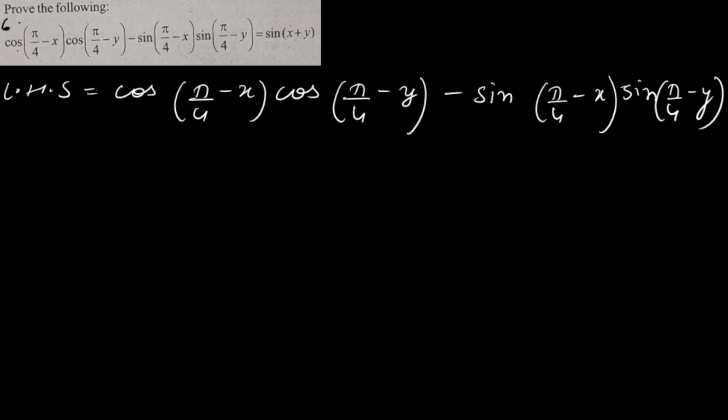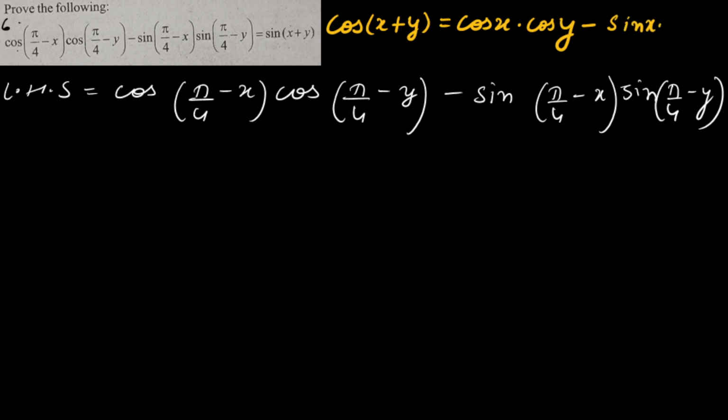If you see this, it is of the form cos A, or let's say cos x, because in the previous video I gave you the formula for cos(x + y). Cos(x + y) is equal to cos x cos y minus sin x sin y. In the cos formula, when plus is there, on the right side we have minus.